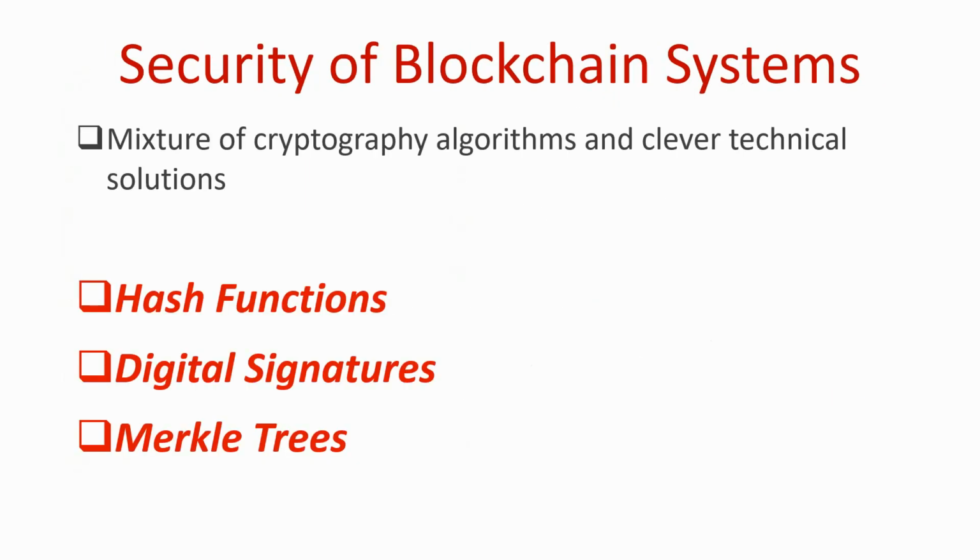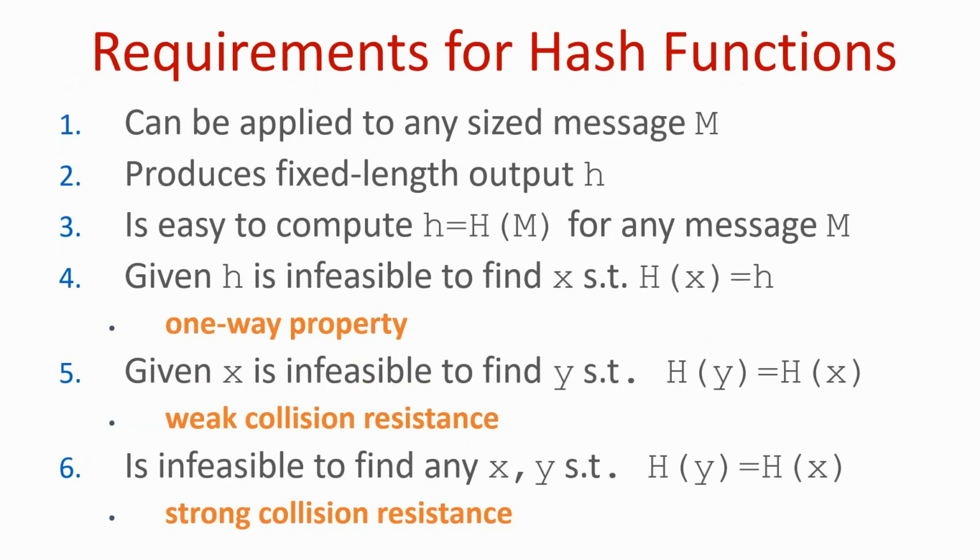And we discussed the components of a blockchain system, and we started discussing the main cryptographic tools and algorithms that we use, particularly hash functions, digital signatures, and Merkle trees.